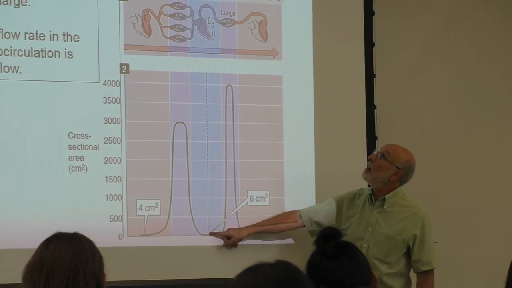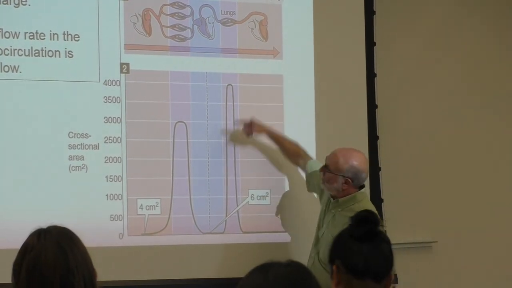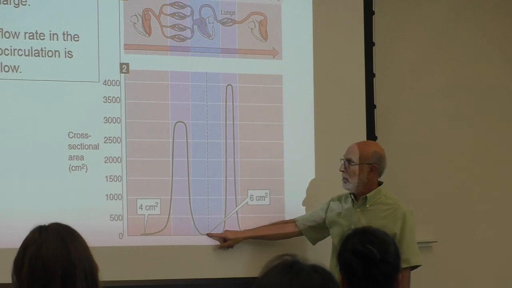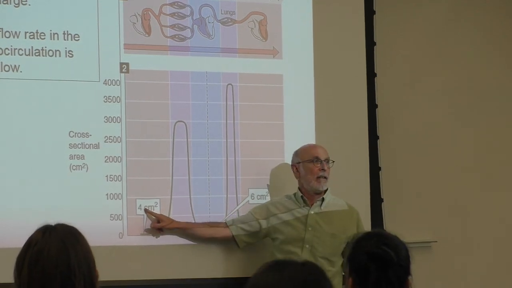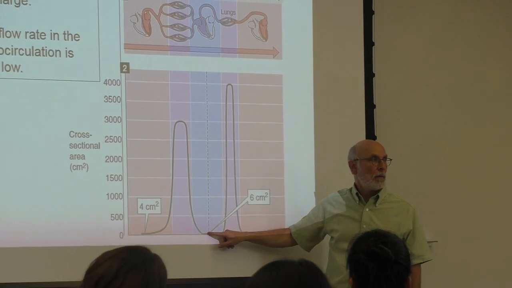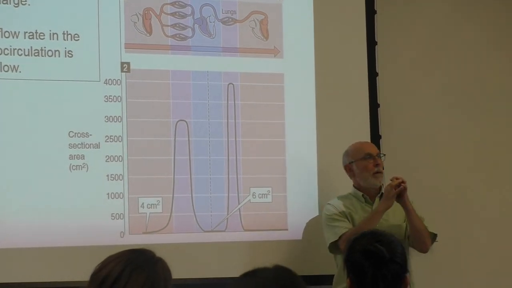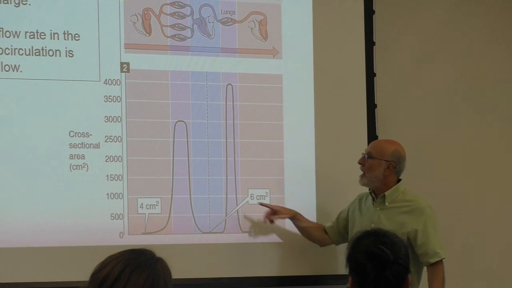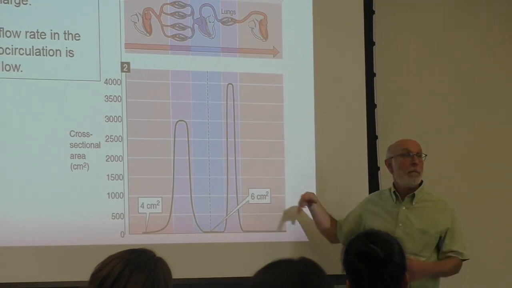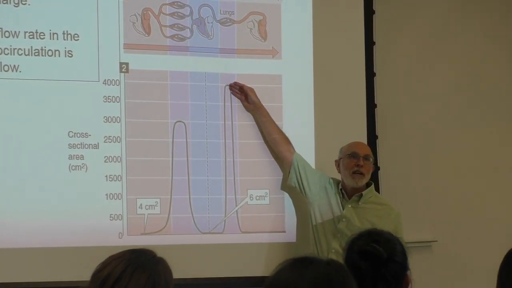The cross-sectional area of the pulmonary artery, like the aorta, is low. I mean, it's a big tube, but there's only one of it. And then it branches and branches and branches into billions of pulmonary capillaries, which have a huge cross-sectional area.